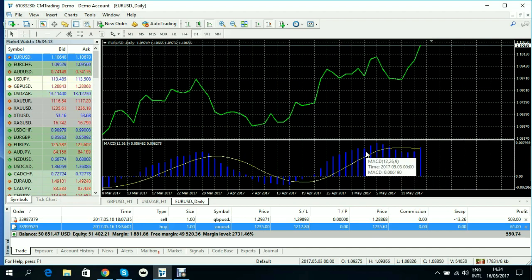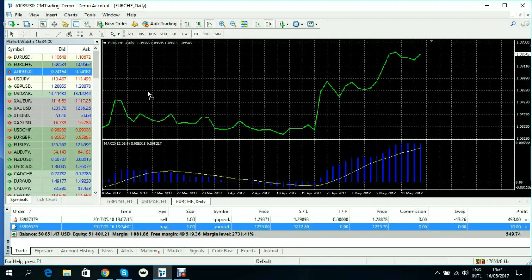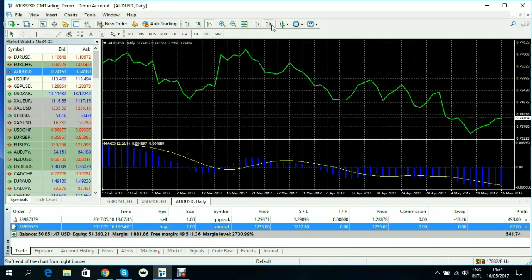It's important that we understand that the bars and the signal line must cross above the zero zone to confirm a buy trend. And let's look for a sell.